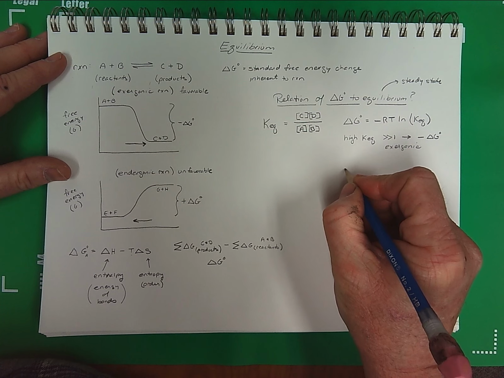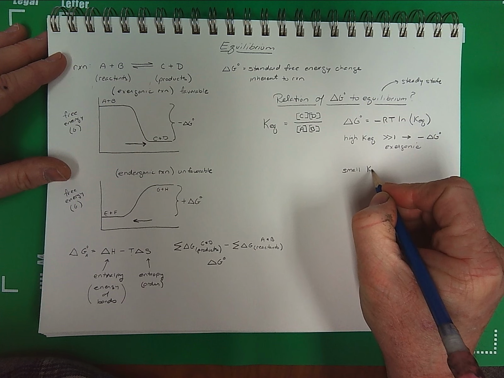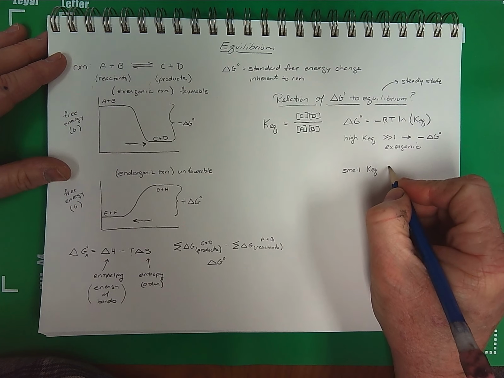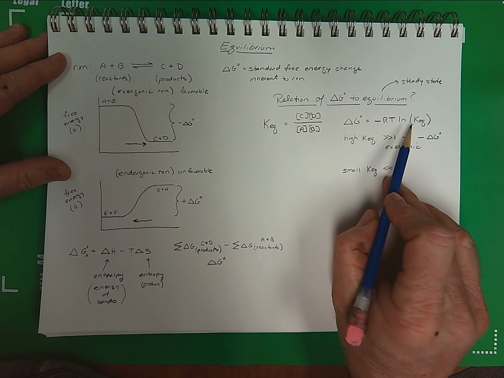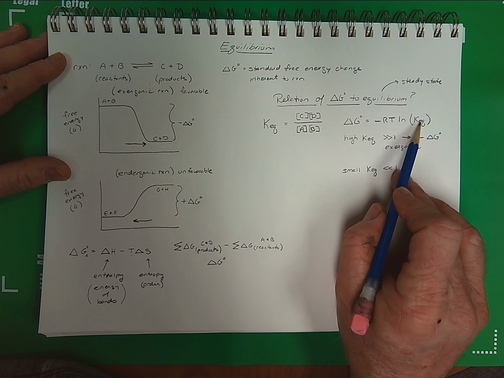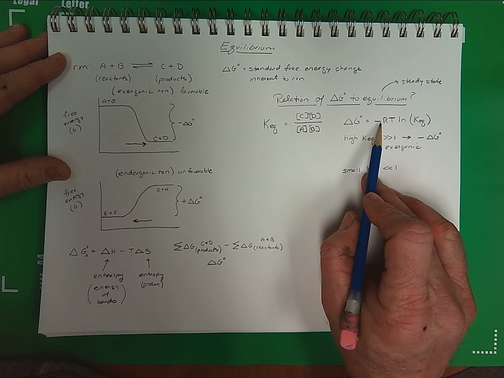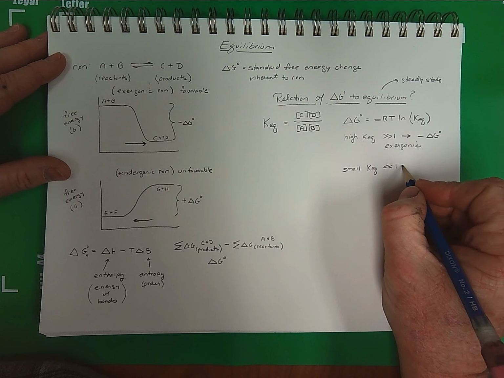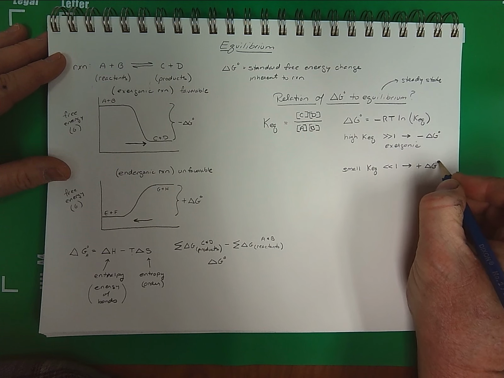In contrast, if we have a small equilibrium constant, let's say much less than 1, the natural log of a number less than 1 is going to be negative. These negatives will cancel each other, and that will give us a positive delta G prime.